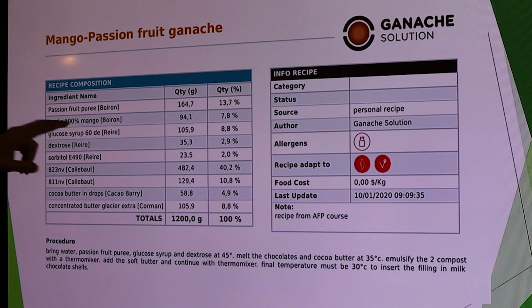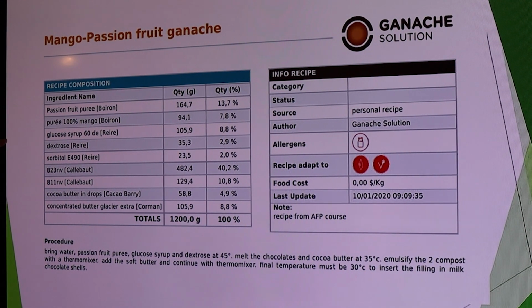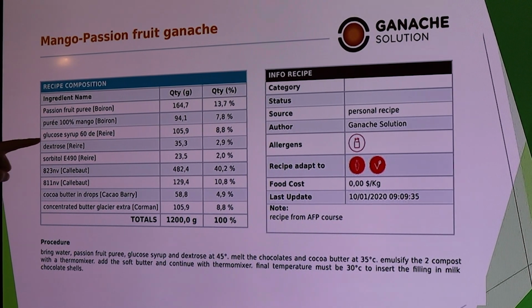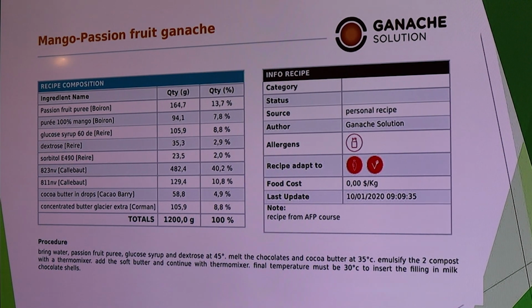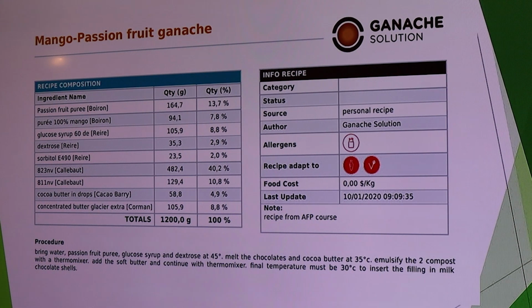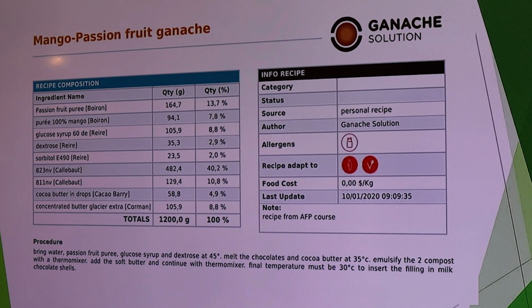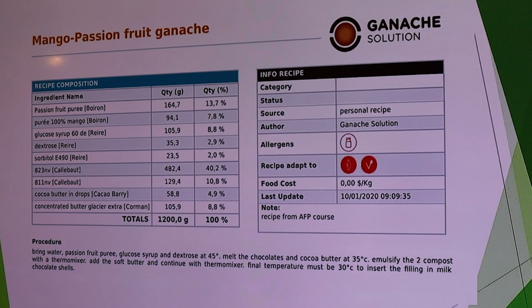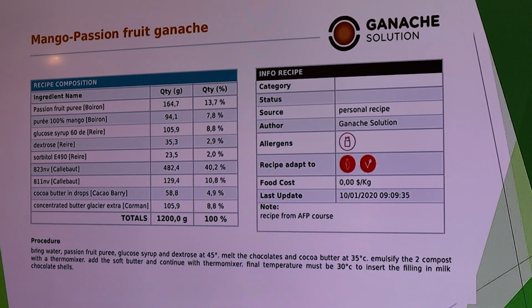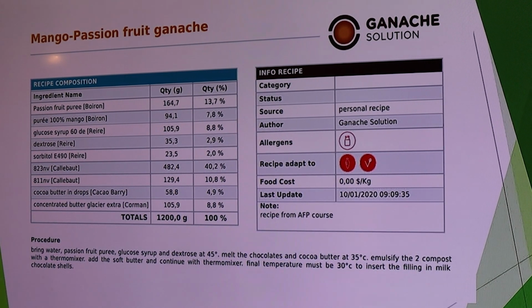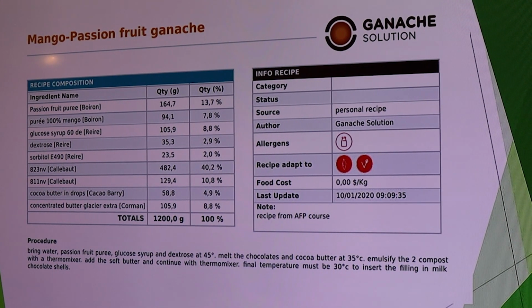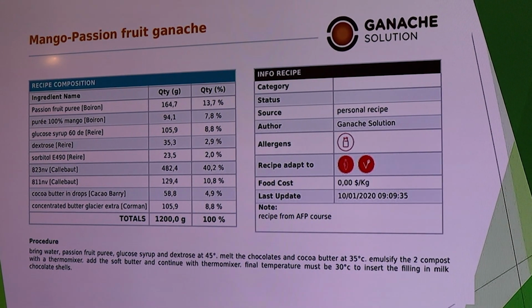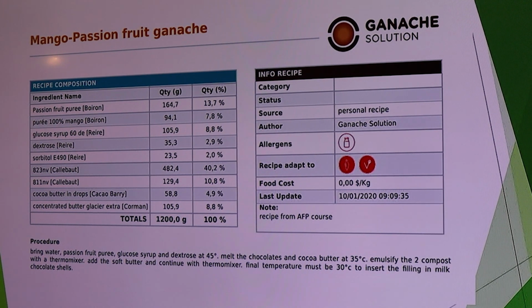In the mango we have a lot of fibers, which contributes fiber in the ganache. And then we are working with the glucose DE60. And because we have a lot of water from the passion fruit and the mango, we also use dextrose here. We also want a long shelf life, so we add around 2% of sorbitol.